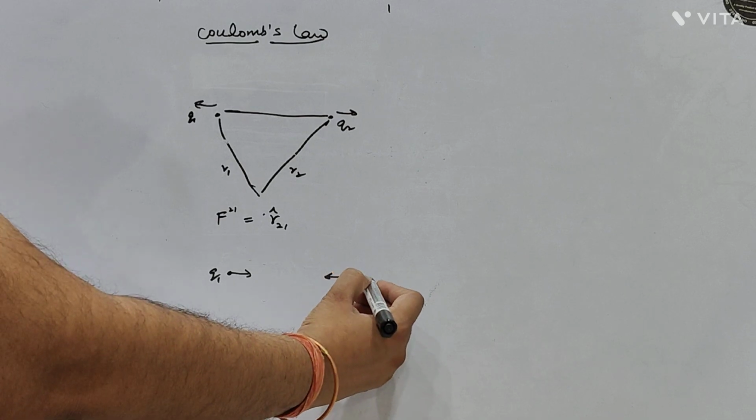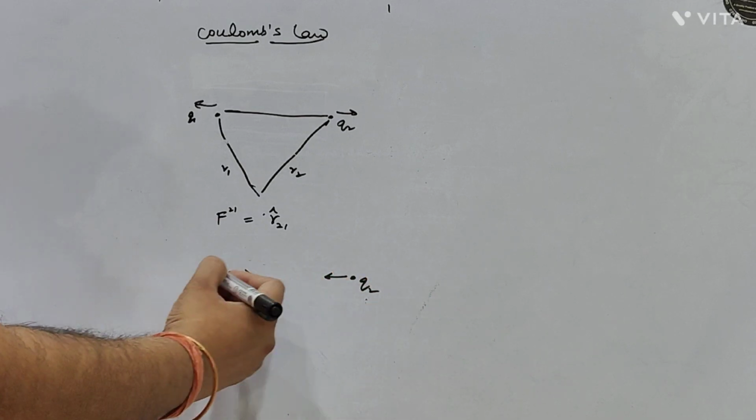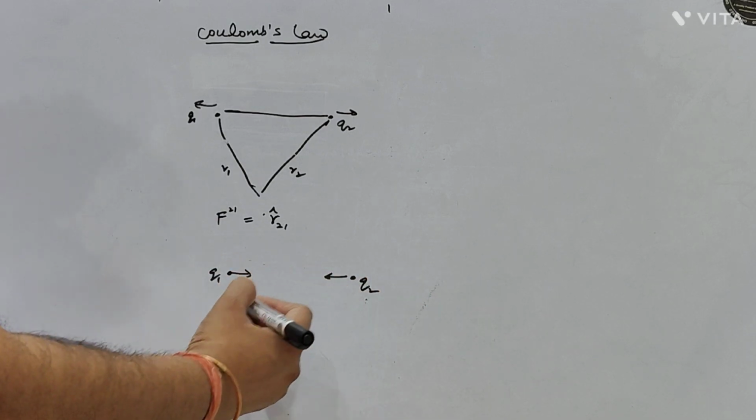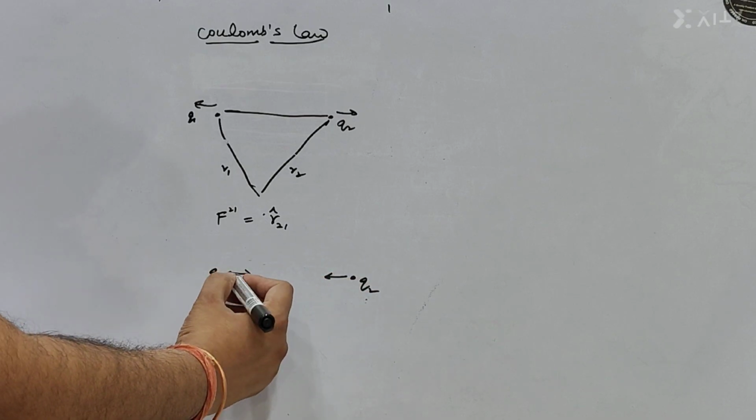If Q1 and Q2 are opposite charges, like one is plus and another is minus, then the force is towards each other.